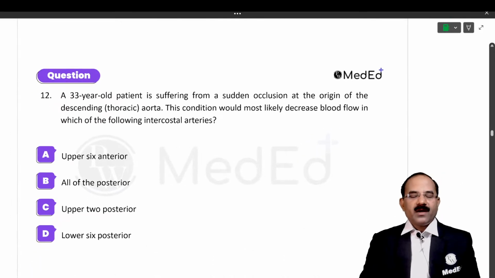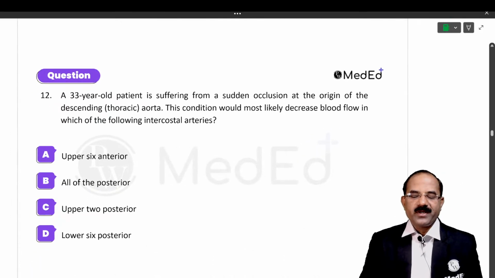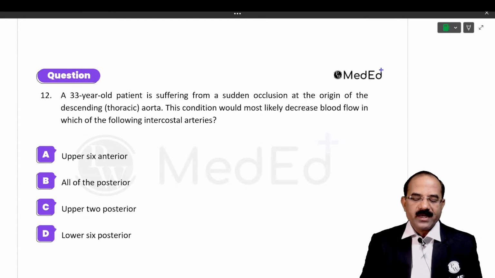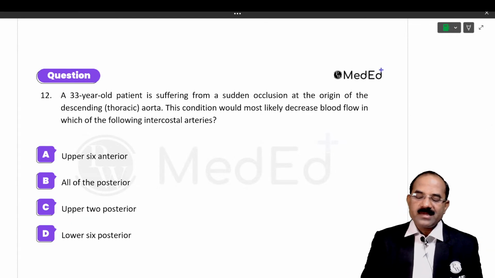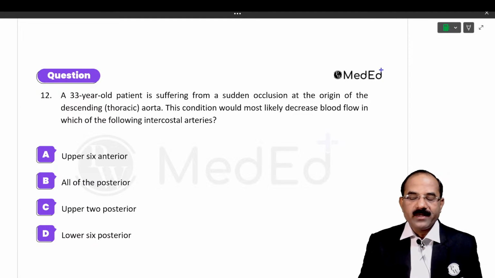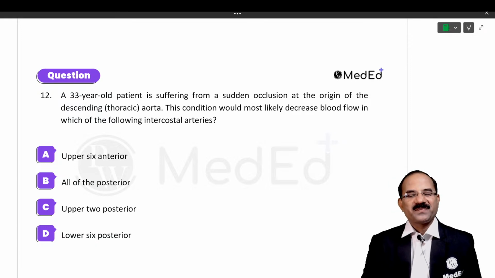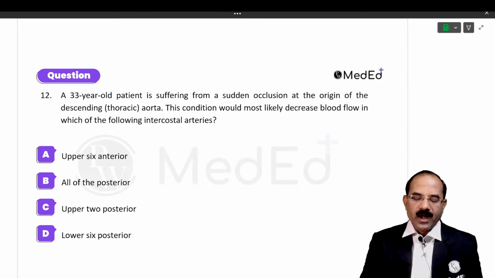A 33-year-old patient is suffering from sudden occlusion at the origin of the descending thoracic aorta. This condition would most likely decrease blood flow in which of the following intercostal arteries? Any guesses? There's an obstruction to the aorta, so which arteries would be blocked?